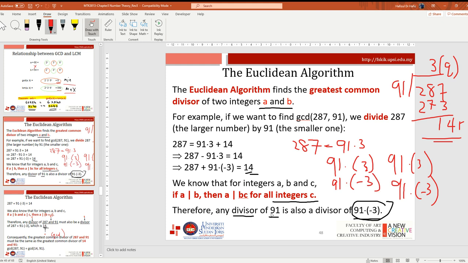Therefore, any divisor of 91 is also a divisor of 91 multiplied by negative 3, because we want to choose the smaller one.